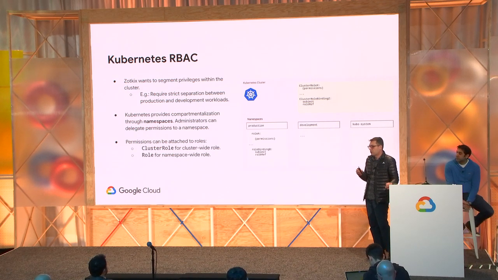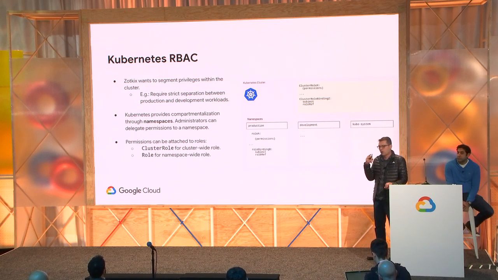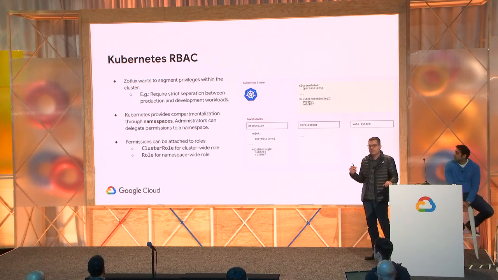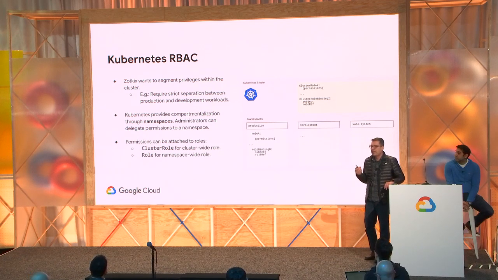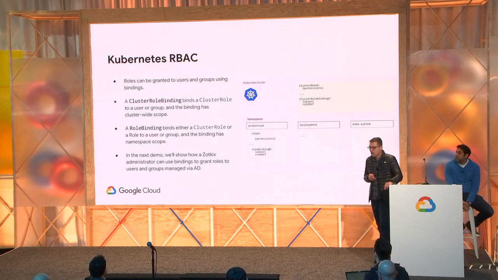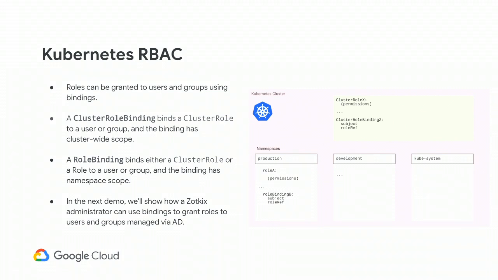Permissions can be attached to a role, and there are two types of roles in Kubernetes RBAC. One is a role with cluster-wide scope, that's called a cluster role, and the other is a role that has namespace-wide scope, and that's just called a role. Roles can be granted to users and groups using bindings.